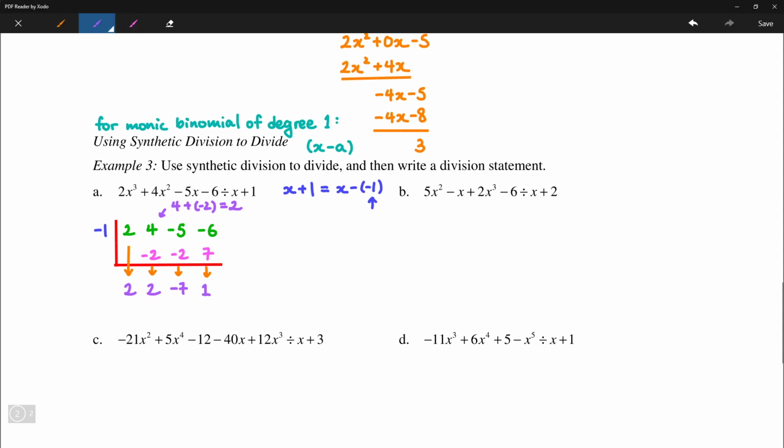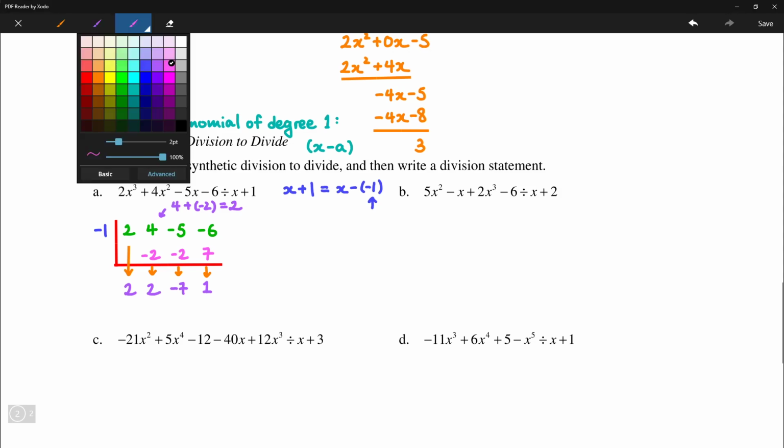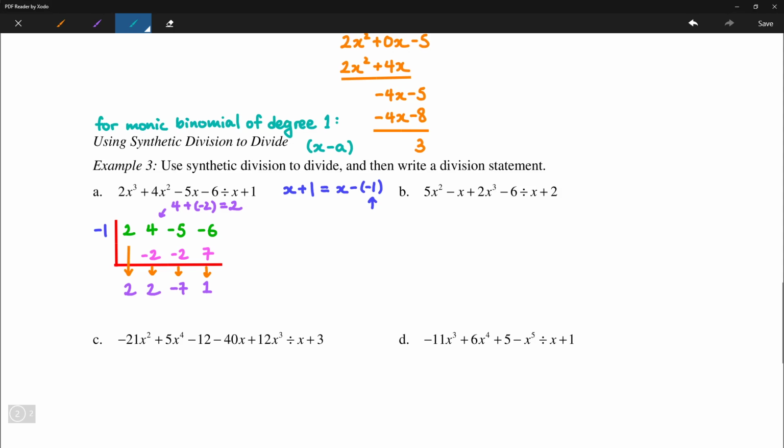So, now that we have some numbers at the bottom here, 2, 2, negative 7, and positive 1, what does that mean? Well, the first 3 here, that will make up the quotient. So the quotient is 2x squared plus 2x minus 7.